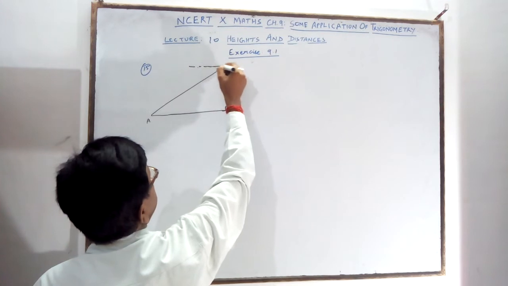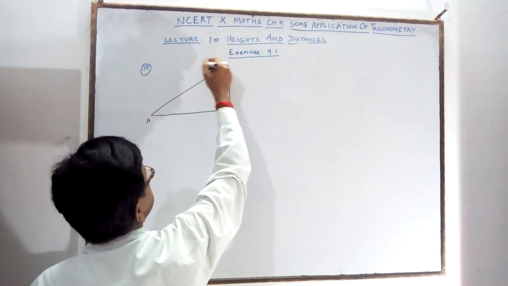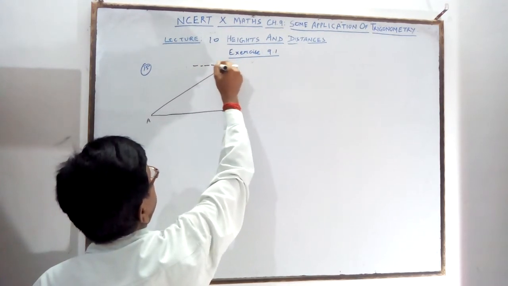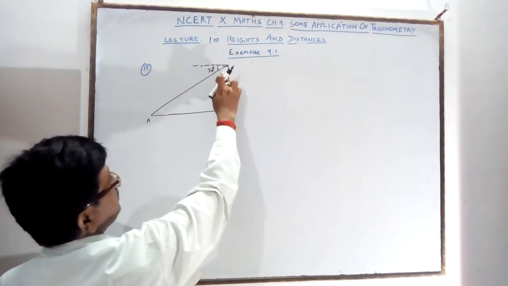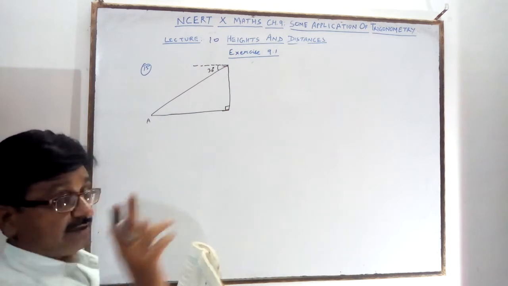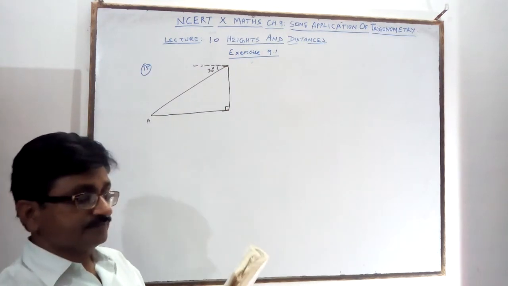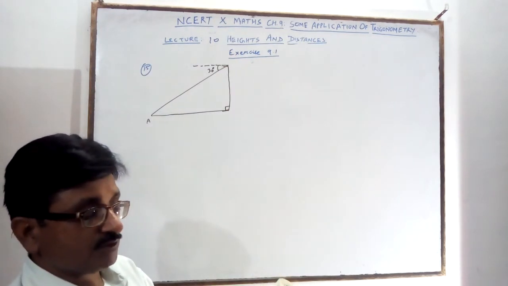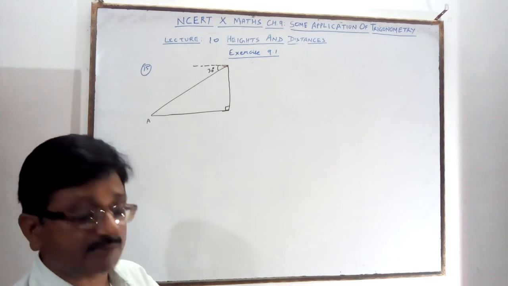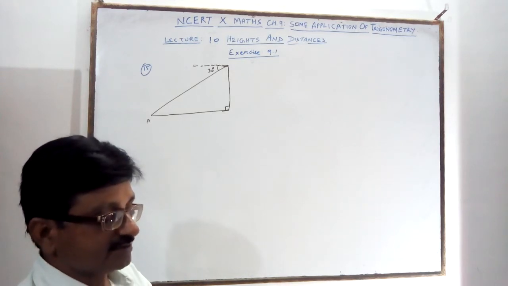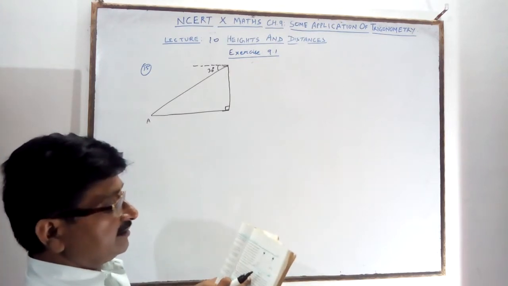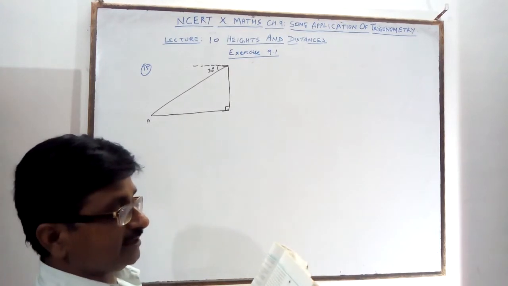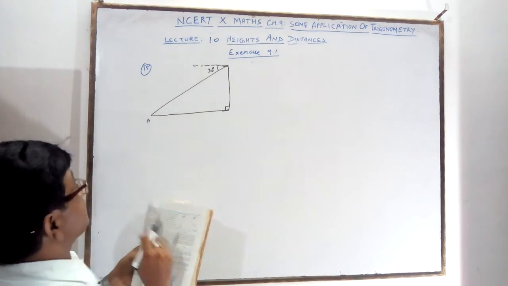Depression means this angle, which is given as 30 degrees. Very carefully, this angle is measured from the horizontal line always. The car is approaching the foot of the tower with uniform speed. After 6 seconds, the angle of depression of the car is found to be 60 degrees.